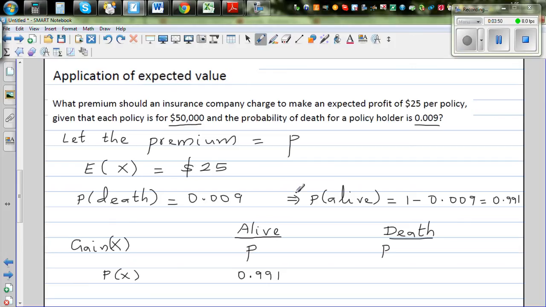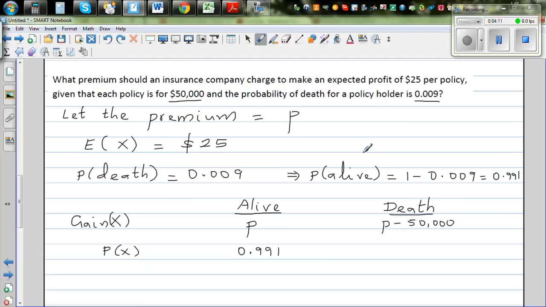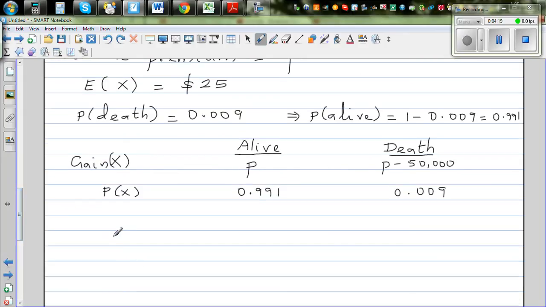P is the premium minus 50,000, because the insurance contract starts after the person pays the premium. So they would have to pay 50,000, but they would have got the premium from the person who has died, unfortunately. And the probability for that to happen is 0.009.